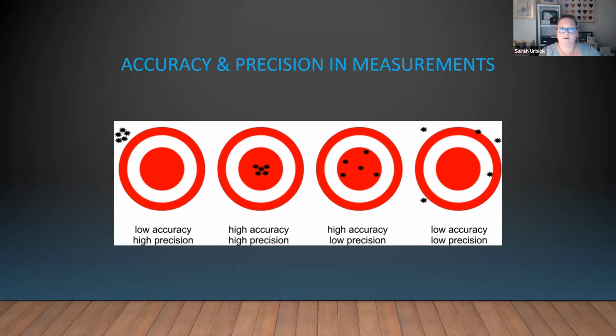Precision means we do it over and over and over again. We consistently get that same answer. So I liked this example. The bullseyes really drove it home for me and helped me understand what we were looking at. Yeah, we want to be accurate in what we do. We want to be precise. We want to be able to repeat it every time.